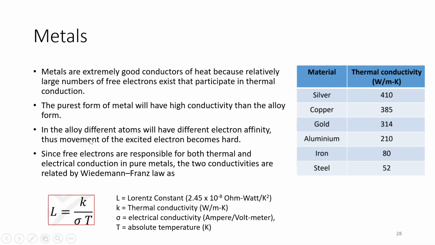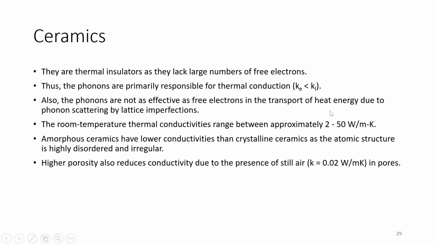Thus movement of excited electrons becomes hard. Since free electrons are responsible for both thermal and electrical conduction in pure metals, the two conductivities are related by the Wiedemann-Franz law, which is L equals k upon sigma T. And these are the thermal conductivities, with silver highest and copper second highest.